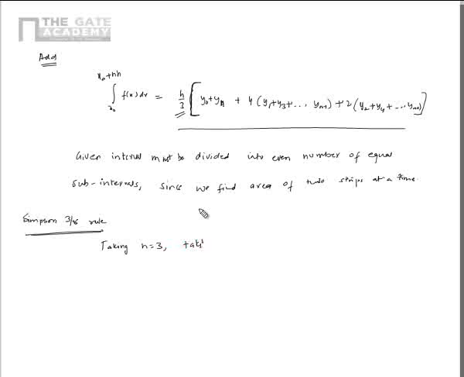So we take the curve through the points xi, yi, where i varies from 0, 1, 2, 3. It's a polynomial of order 3, third order basically.